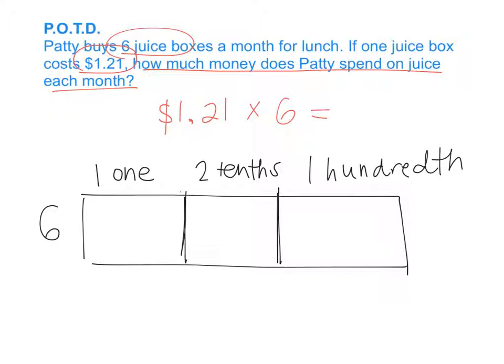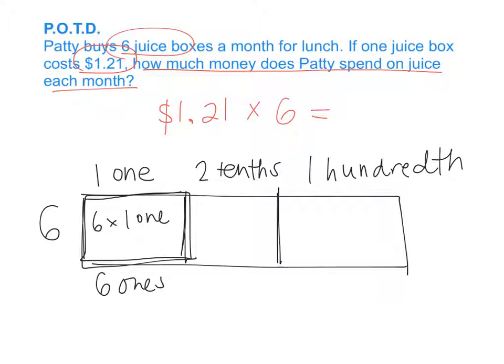Okay, so the area of this first piece of tape is 6 times 1, otherwise known as how many ones? 6 ones. Good. Okay, the area of this second piece of tape is 6 times 2 tenths, otherwise known as how many tenths, Zeev? 6 times 2 is 12 tenths.